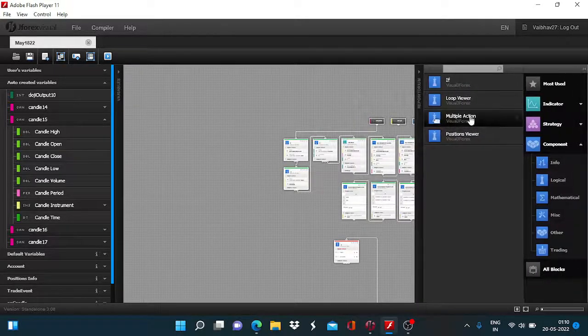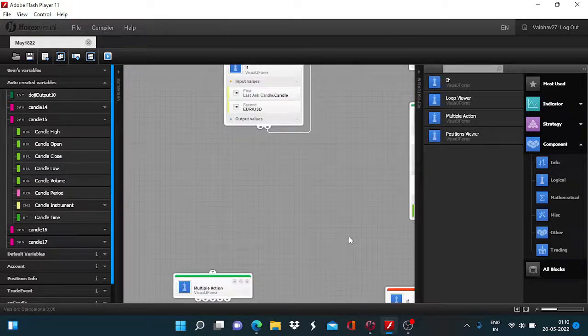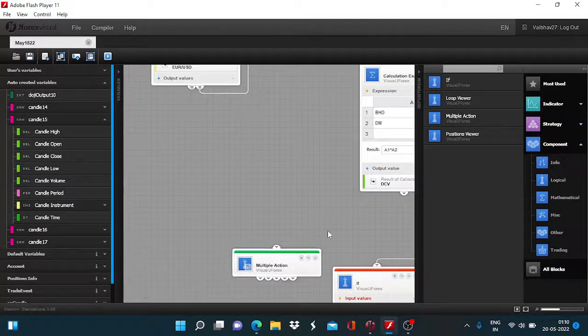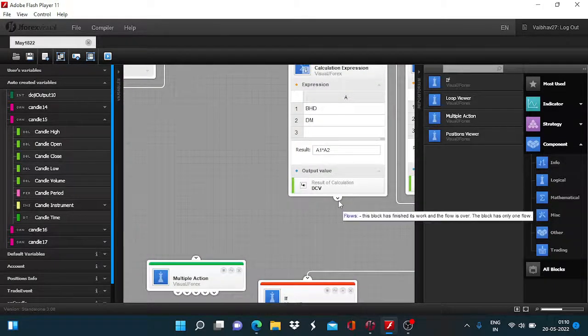Another logical component of multiple action is also needed. For the time being, I will join it to this last calculation expression block.